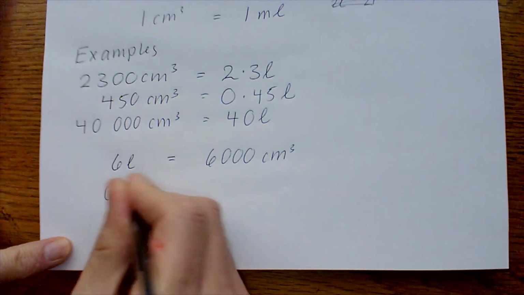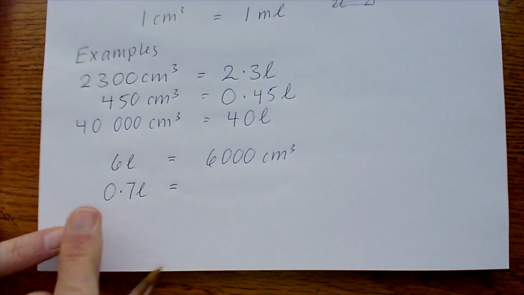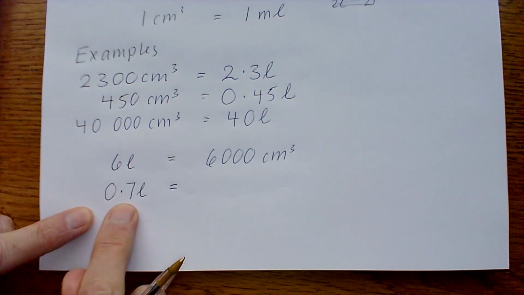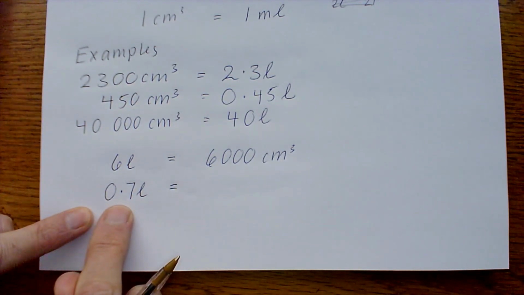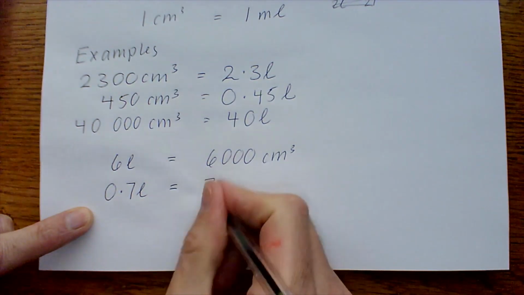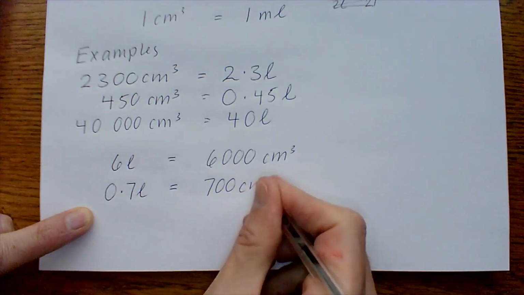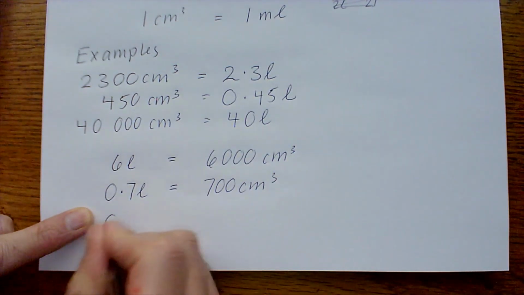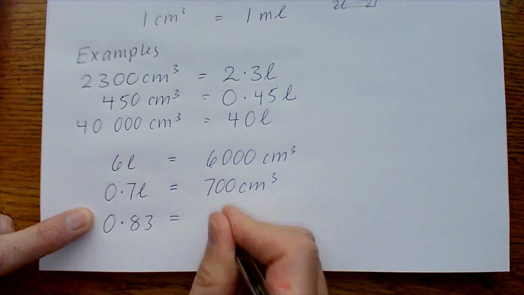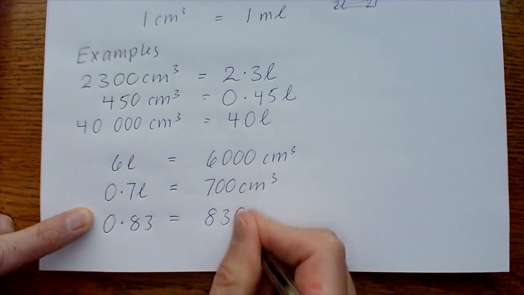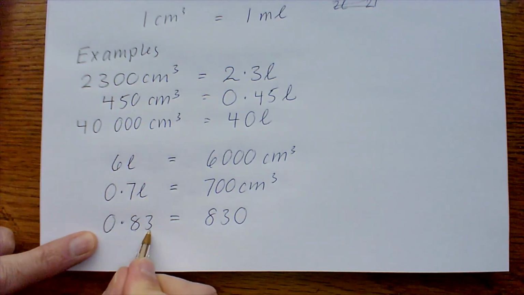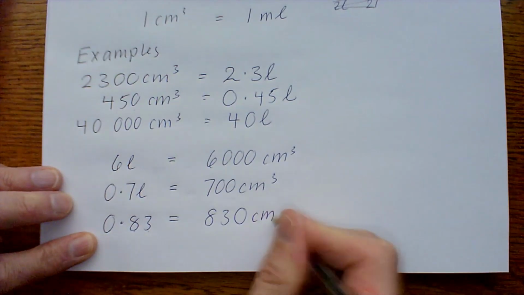If we have 0.7 of a litre, however, we've got to remember 1 litre is the thousands column, so this is in the hundreds column when we're dealing in millilitres or cubic centimetres, so that's not 7 cubic centimetres, that's 700 cubic centimetres. And if we have something like this, that would be 830. Yes, because that's thousands, that's hundreds, that's tens, 830 cubic centimetres.